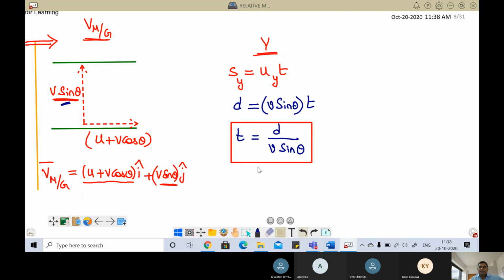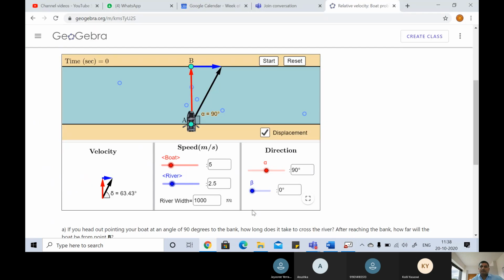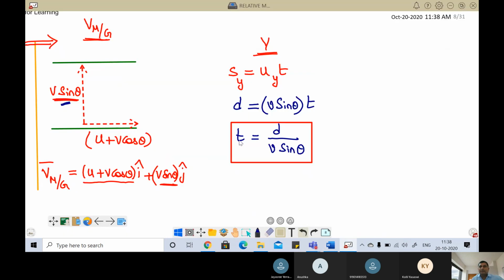Now here D is a constant, because the river width won't change. And velocity for a given problem is constant. Now when they ask in which direction you should swim such that time will be minimum, for this time to be minimum, this value won't change.